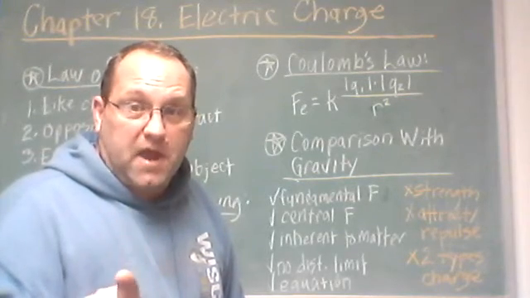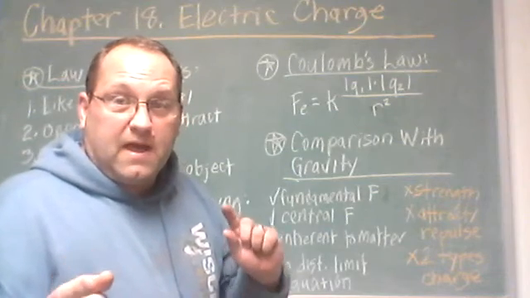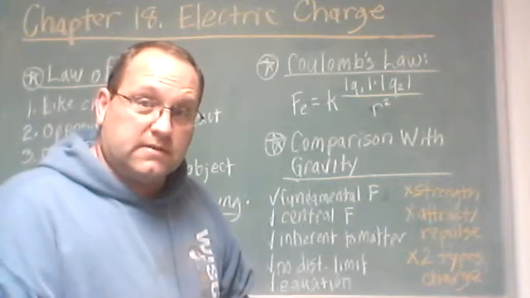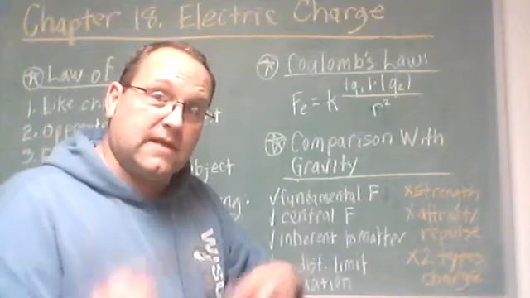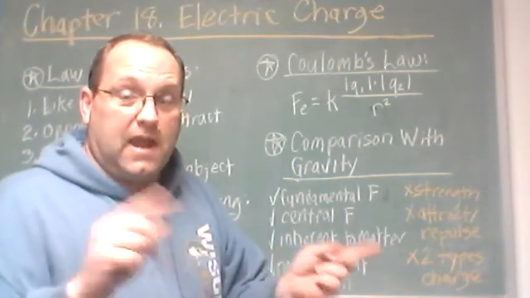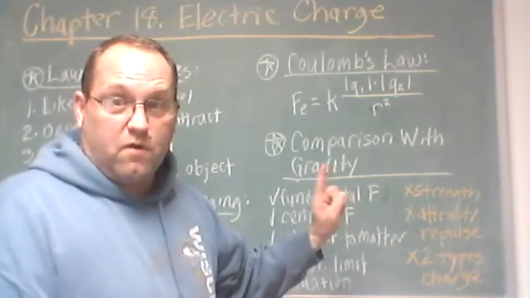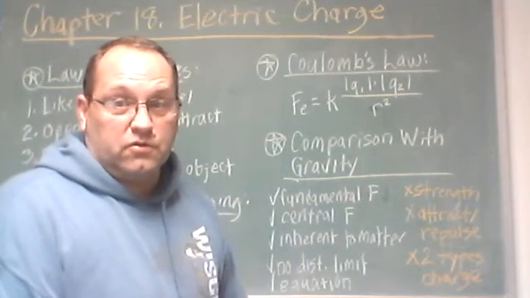It's a positive mass. Even though they have antiparticles, protons and antiprotons, electrons and anti-electrons they call positrons, the antiparticles have positive mass. So there's only one kind of mass, but there are two types of electrical charge.